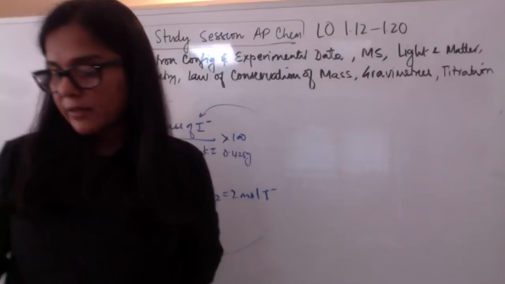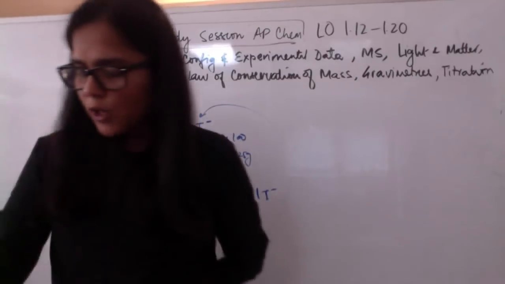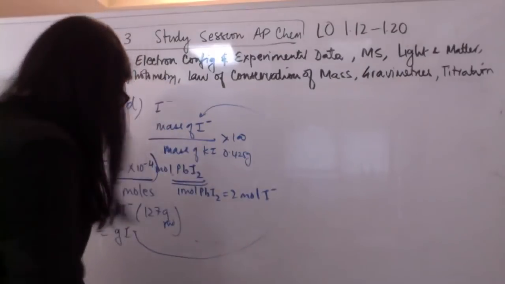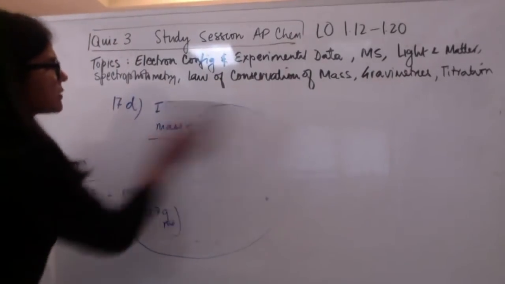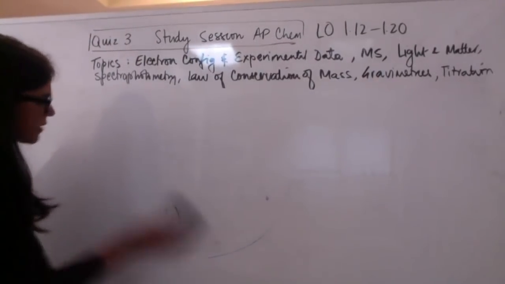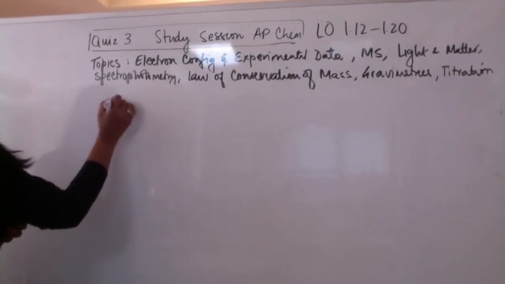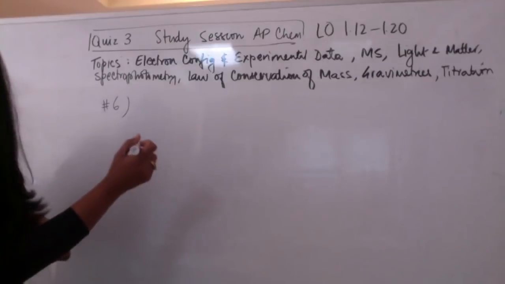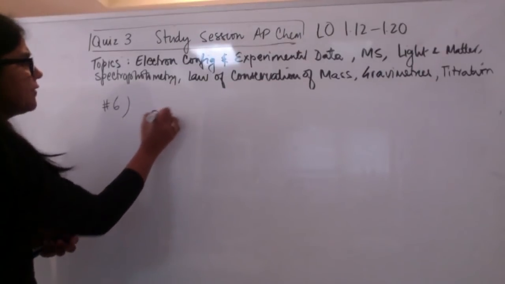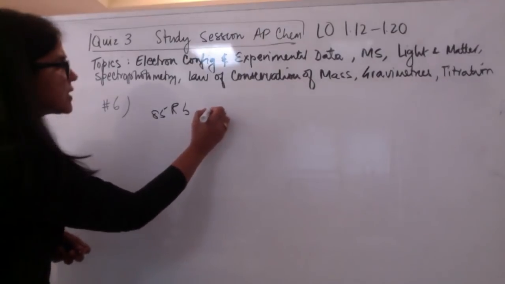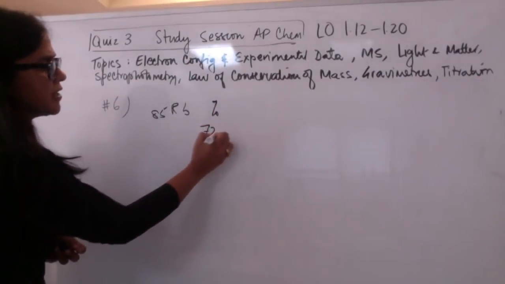Let me repeat again. For isotope 85 for rubidium, you will set it, let me do it here. For isotope 85, its percent abundance is 72.17.